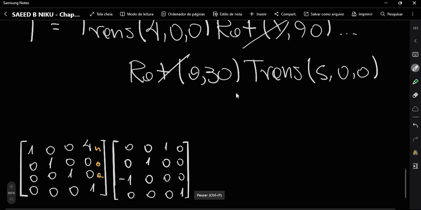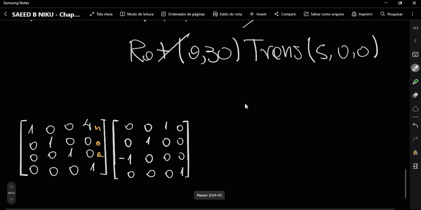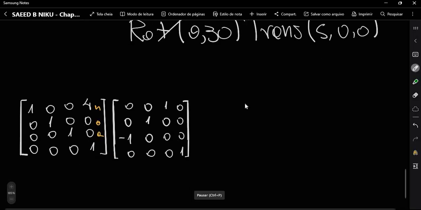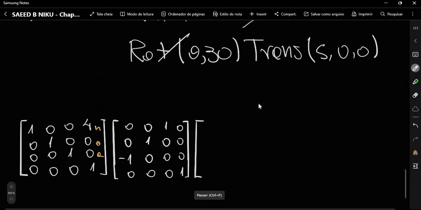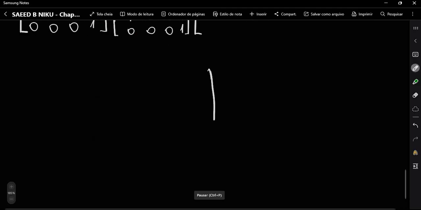Now a rotation around the axis O, but now of 30 degrees. And right now we need to know the direction of this unit vector.